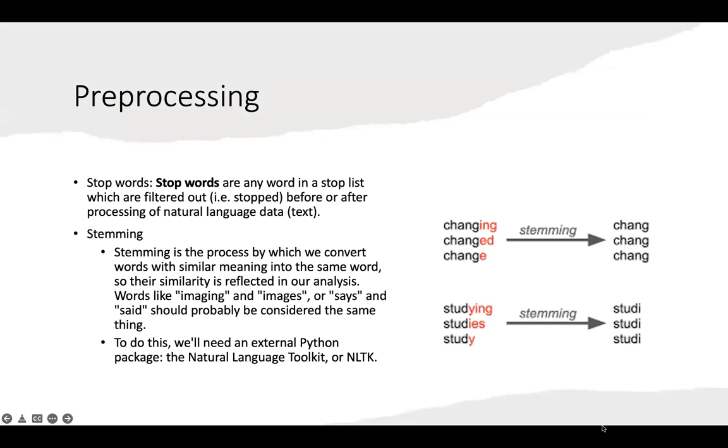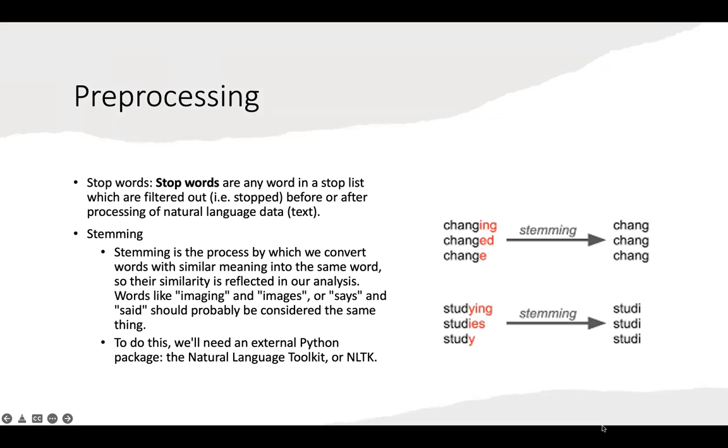We read all these 7 books text files, and then we do some text preprocessing, like taking care of stop words and stemming. For this one, we are going to use an external Python package, which is called NLTK. It has a ton of really interesting stuff that goes way beyond the scope of this lecture.